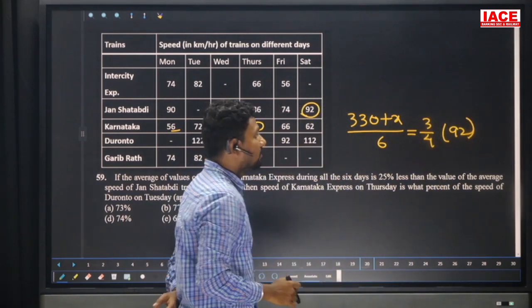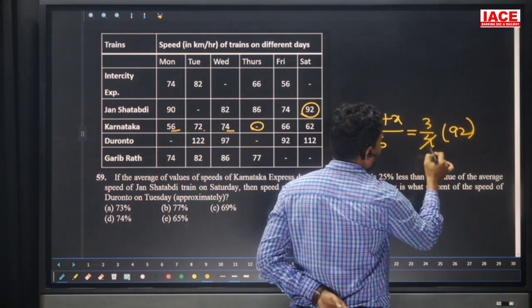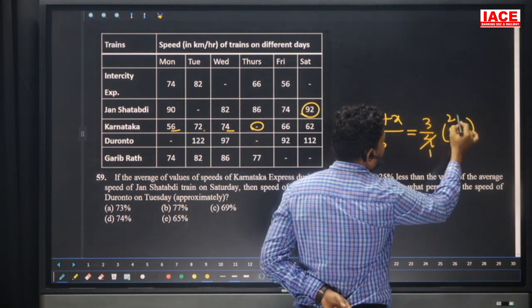We should simplify here. So 4 1s are 4, 4 2s are 8 and 4 3s are.